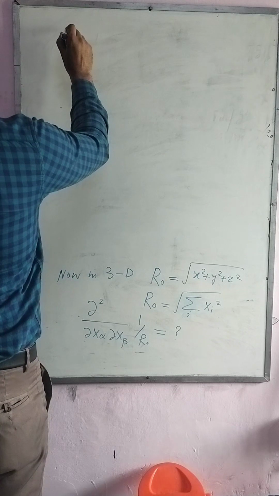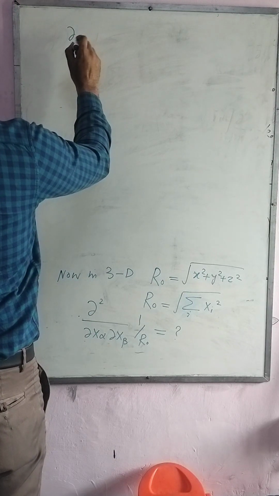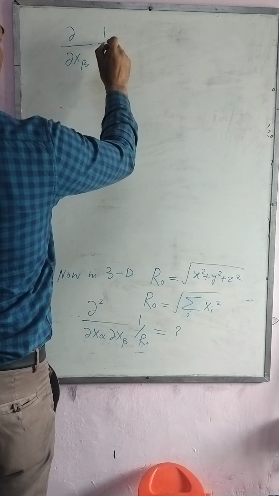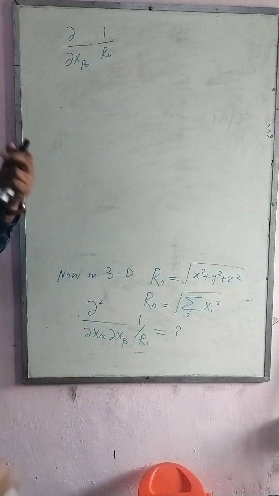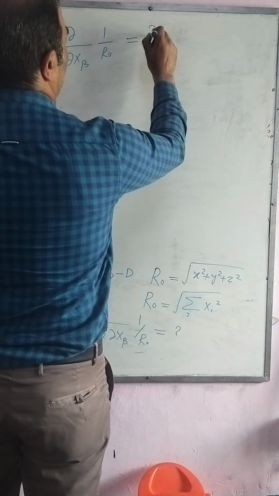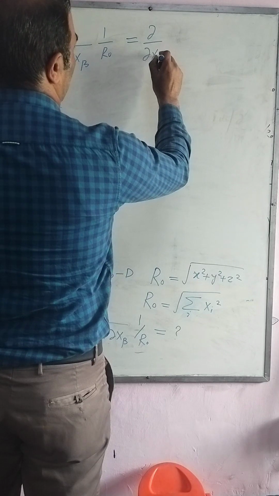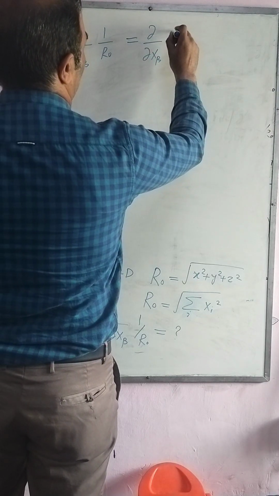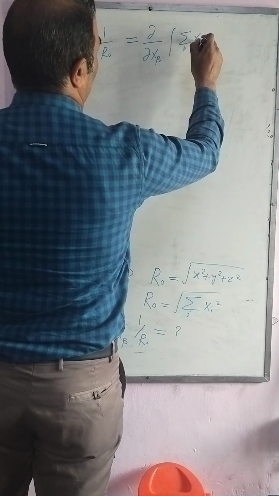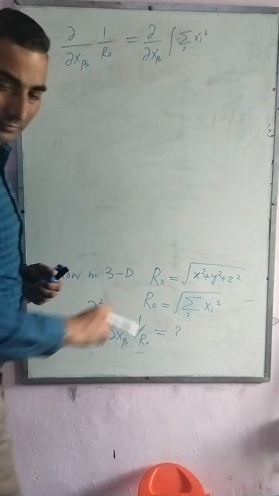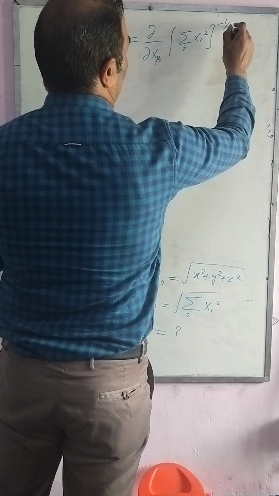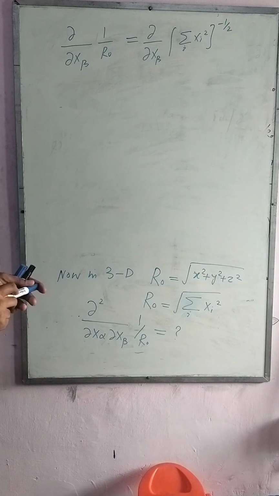So that's partial upon, or you can write this as, because the rest is 1 by R naught.